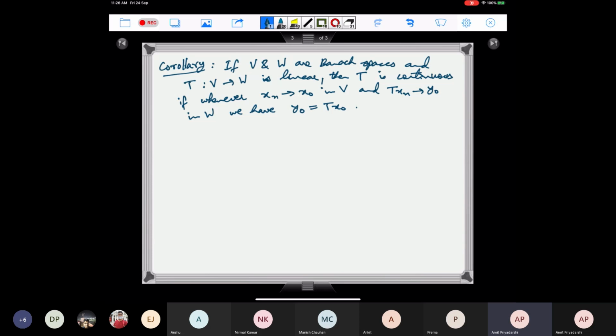So that means we can assume that xn is a convergent sequence in V and Txn is also convergent, and then you just prove that this y naught is equal to T of x naught. So this is weaker than proving the continuity by just showing that xn converging to x naught, then Txn converges to Tx naught.